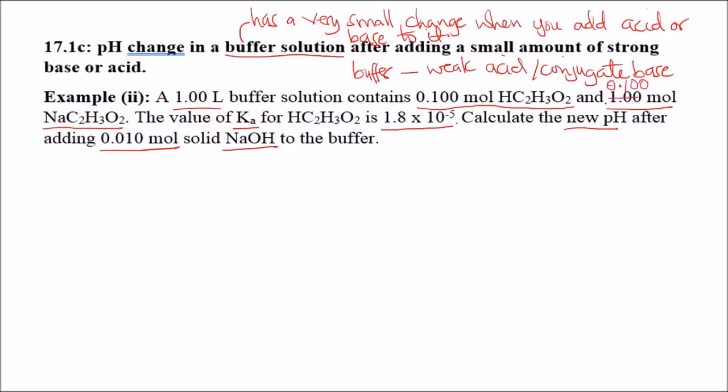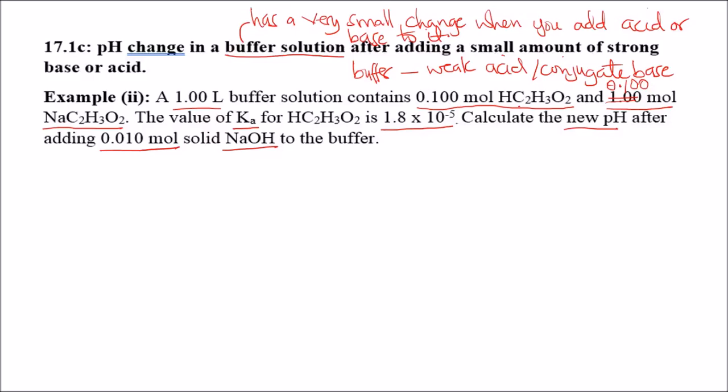So this solution contains 0.100 mole of acetic acid and 0.100 mole of sodium acetate. So that's how it should read. It was a mistake there to have 1.00 mole.